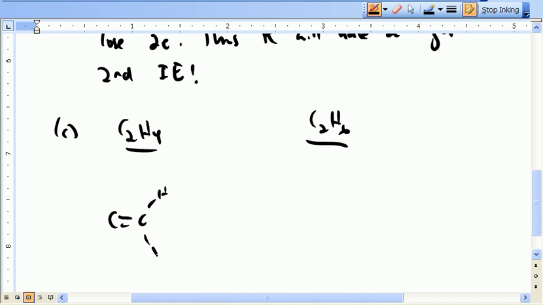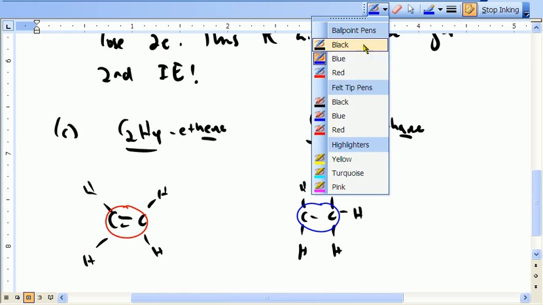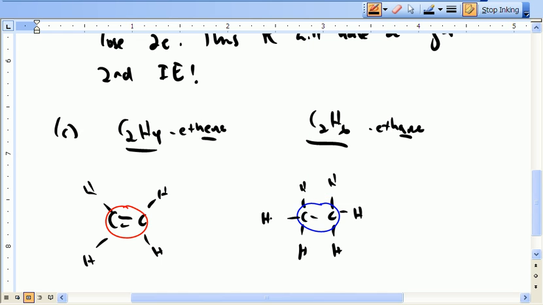The Lewis structure for this is going to end up being like that, and the Lewis structure for this is going to end up being like that. Incidentally, this is called ethane, and this is called ethene. Alright, so when you look at these, there's a double bond right there, and there's a single bond right there.